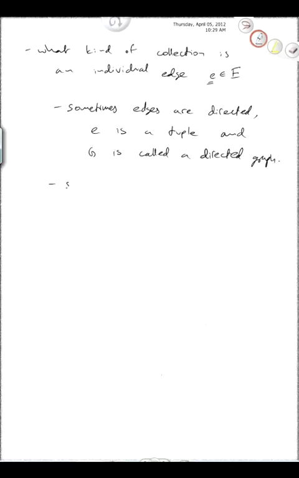And sometimes the edges have no direction. Usually people say they are undirected. And in that case, G is called an undirected graph.